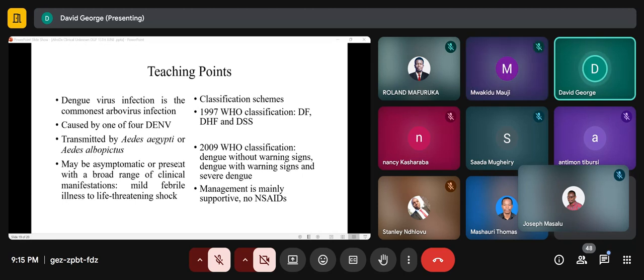That includes fluid accumulation because of increased vascular permeability. So fluid is pushed into a number of spaces, including the peritoneum and the pleura, and the thrombocytopenia that we saw is also part of dengue with warning signs or dengue hemorrhagic fever.